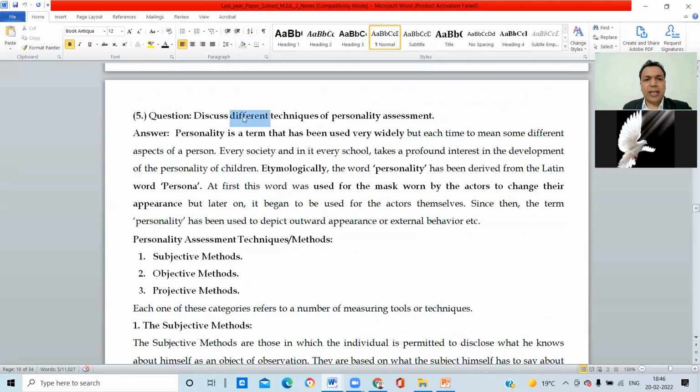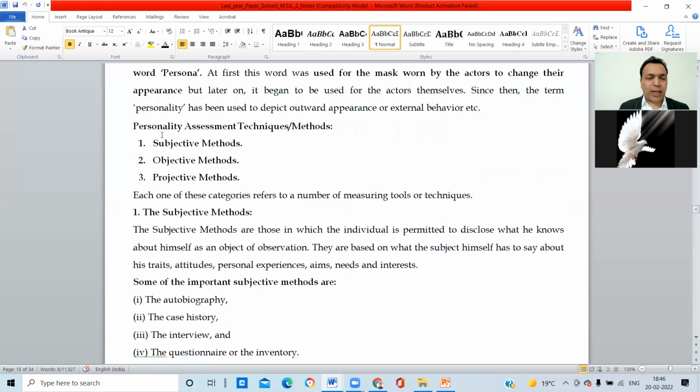Okay, then the fifth question came: discuss the different techniques of personality assessment. Okay, here, guys, you have to talk about the different techniques for assessing the personality of children. Basically there are three methods you have to define: subjective, objective, and projective, right?